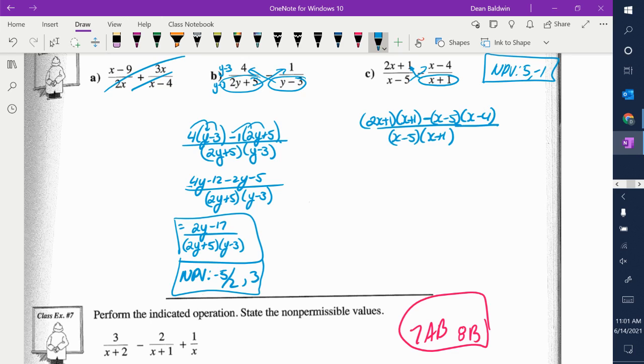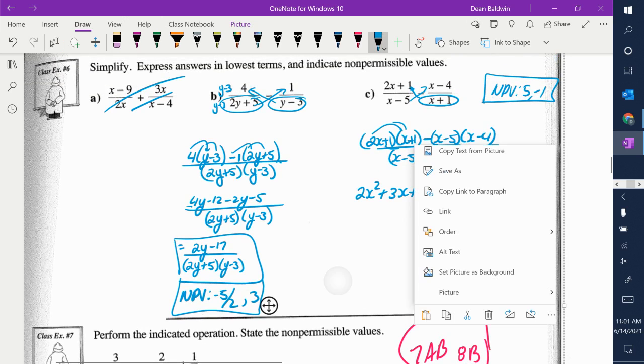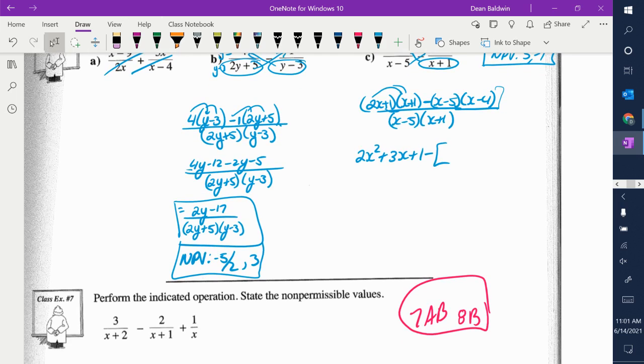Yeah, you're going to have to FOIL the top, which is, I'll just tell you what it is right now. You will have to FOIL this, okay? But the top will become, the first bit will be 2x squared plus 3x plus 1 minus, and because there's a subtraction sign here, FOIL those two and then add the subtraction sign in.